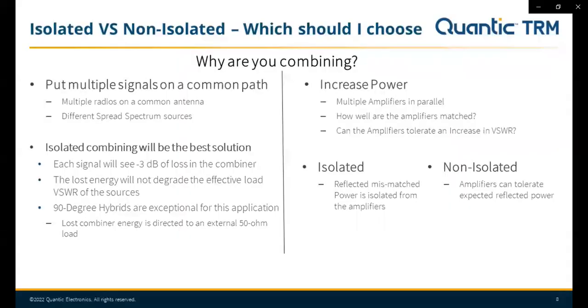So to start to sum up a little bit here, really, why are you combining? If you're trying to put multiple signals on a common path, and you're trying to have them in the same frequency space, these sorts of applications tend to run for parts, for example, that are on spacecraft where you have multiple local oscillators trying to get power onto a single line.